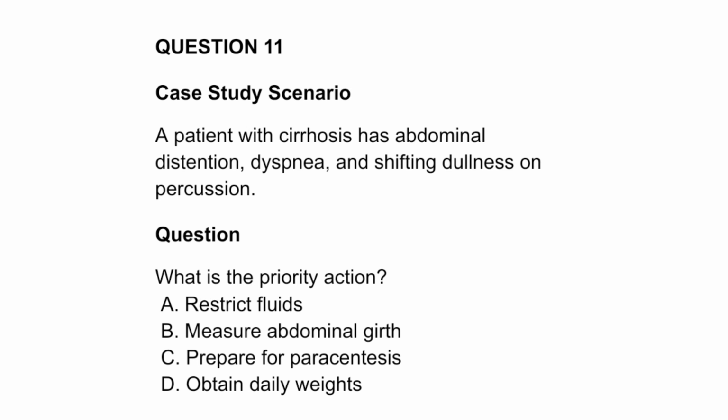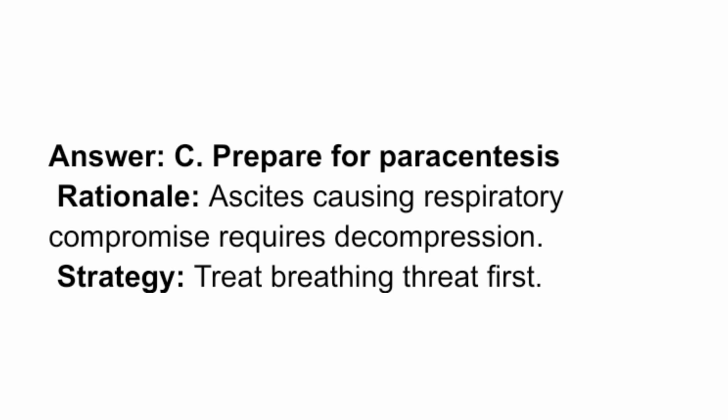Question: what is the priority action? A. Restrict fluids. B. Measure abdominal girth. C. Prepare for paracentesis. D. Obtain daily weights. Answer: C. Prepare for paracentesis. Rationale: ascites causing respiratory compromise requires decompression.